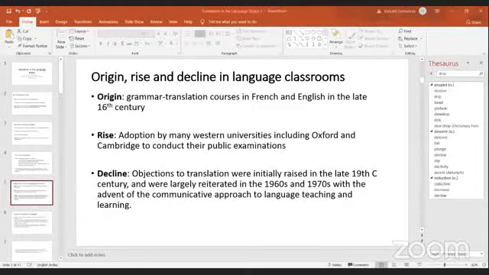And the importance of connected texts in teaching and learning, not isolated sentences, not with the focus on structure in sentences.